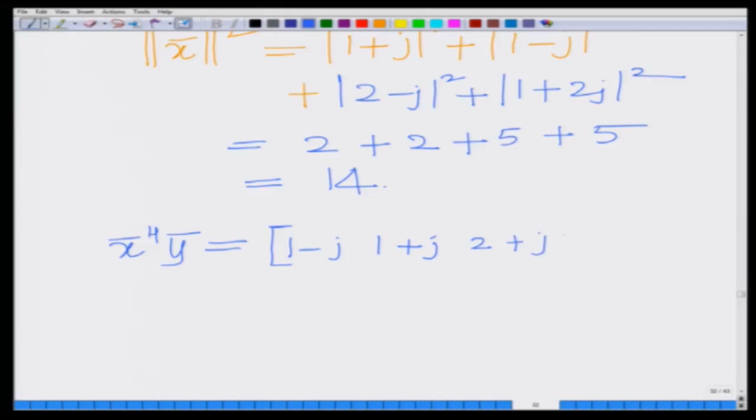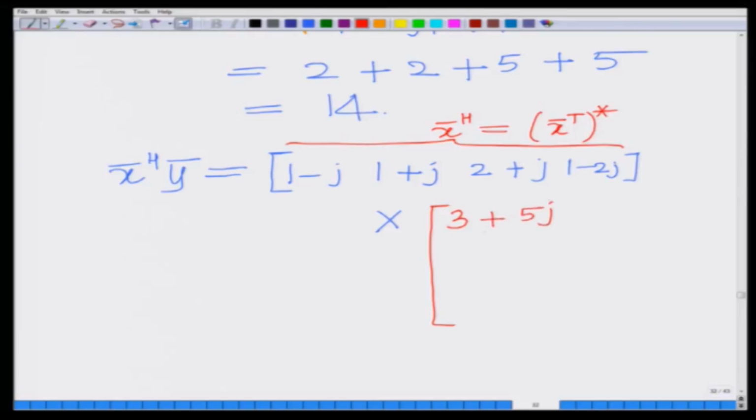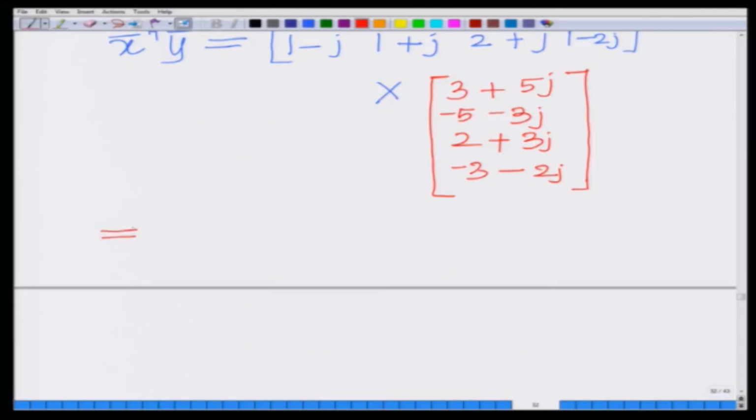Then of course we have the observation vector y bar, which is 3 plus 5j, minus 5 minus 3j, 2 plus 3j, minus 3 minus 2j, and now taking the sums.